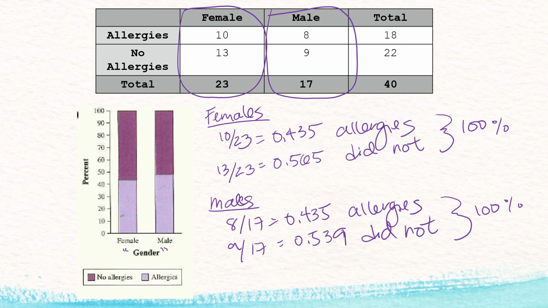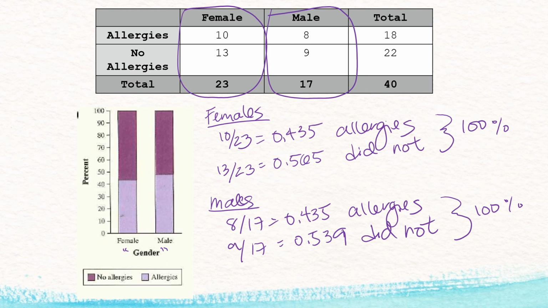Looking at this, it asks, does this provide some sort of evidence that there is some sort of association between the two? I might say, well, you're more likely to have allergies if you're male, but there isn't much of a difference. And that's probably what I would have stated.